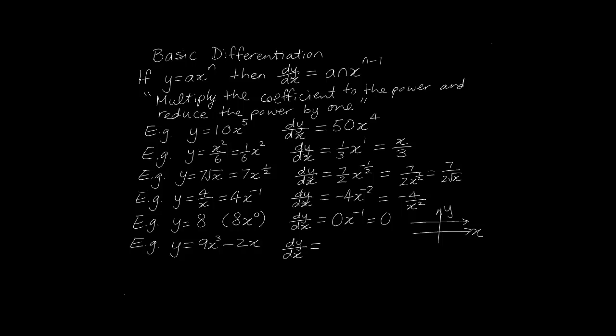For the first one, I would multiply the 9 and the 3, giving me 27, and then x squared. For the second one, I'm thinking of the x as x to the power of 1, so I've got negative 2 times 1 giving me negative 2, and then x to the power of 0. Which means it's actually 27x squared and then minus 2, because x to the power of 0 gives me 1.